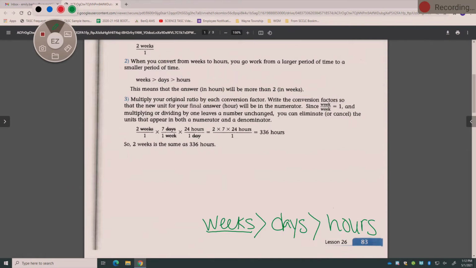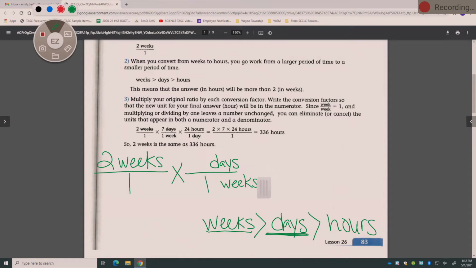So I start by writing my original fraction, which is 2 weeks over 1, right? Then I multiply it with the next fraction being weeks down in the denominator, and the next unit being in the numerator. So again, we know in 1 week, there are 7 days.